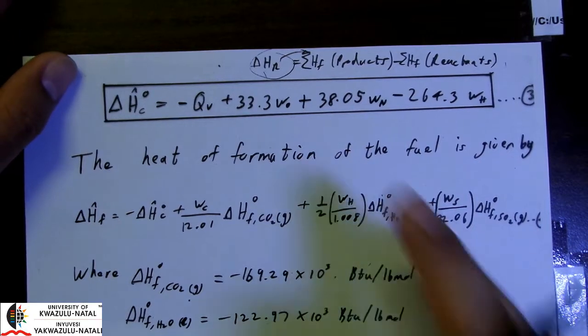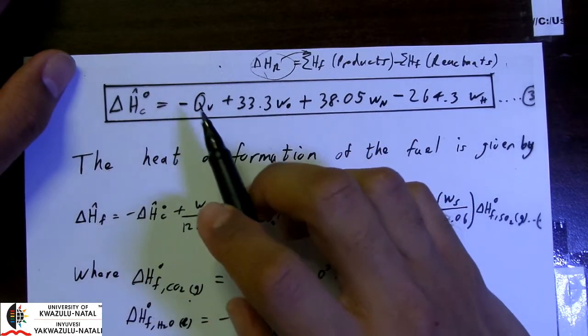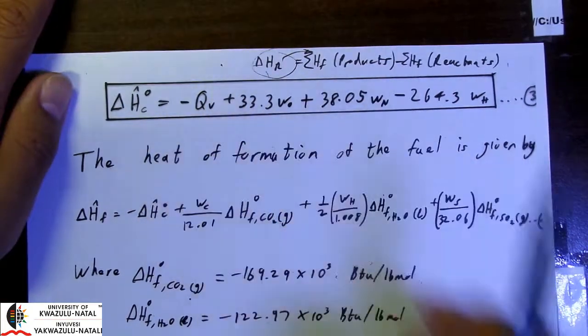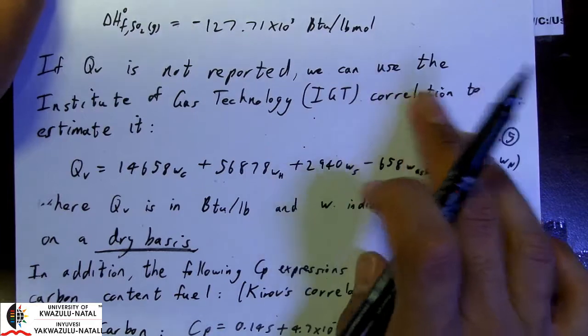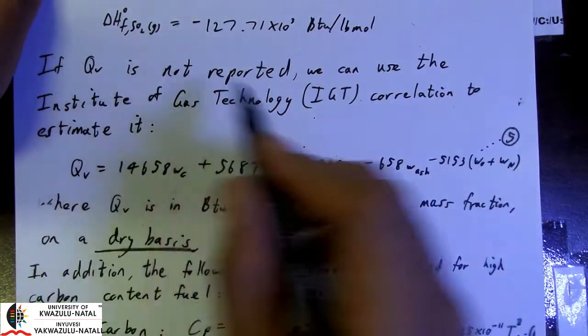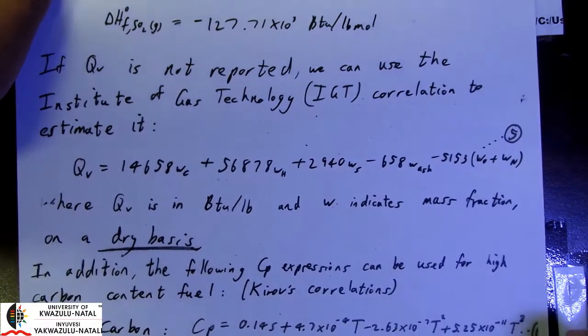Now, if we cannot measure our gross calorific value or our high heating value, QV, then an alternative approximation will be to use the IGT correlation, a correlation developed by the Institute of Gas Technology.